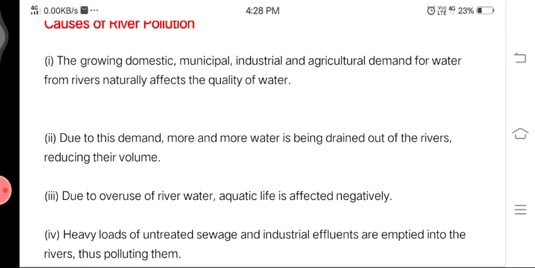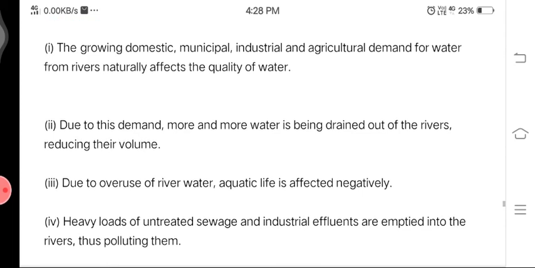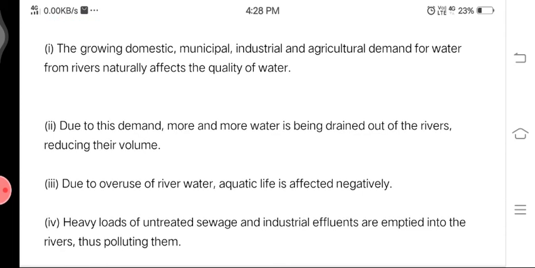Due to the demand, more water is being drained out of the river, reducing the volume of the water. Due to overuse of river water, aquatic life is affected negatively, because if the water is less, the aquatic life also decreases.